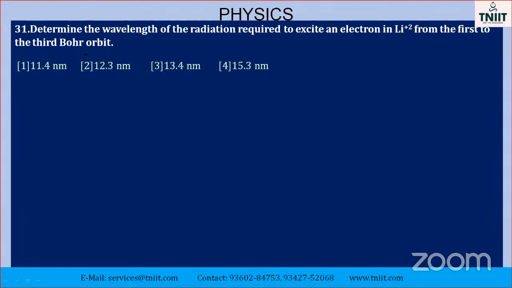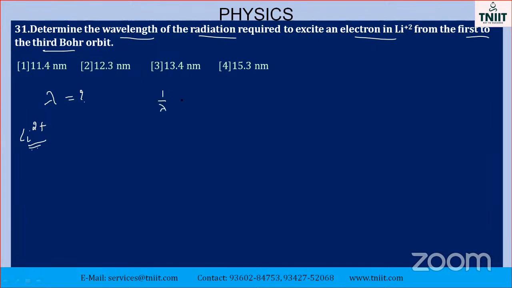Now you have to find the wavelength of the radiation which is required to excite an electron, lambda. But it is a lithium 2 plus hydrogen-like atom, first to third orbit.